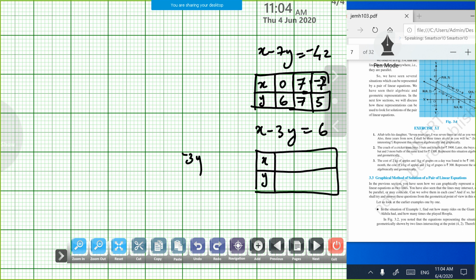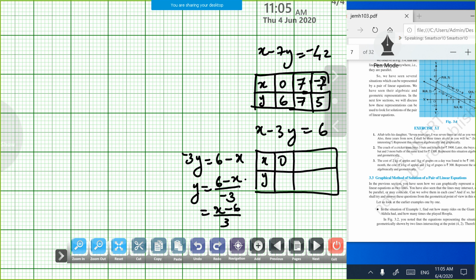Minus 3y is equal to 6 minus x, y equal to 6 minus x divided by minus 3, or x minus 6 divided by 3. Clear? Then here also put x is equal to 0.